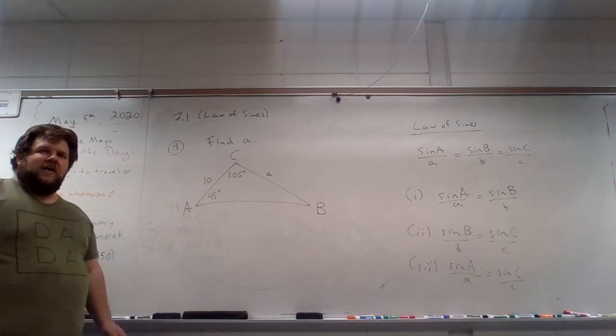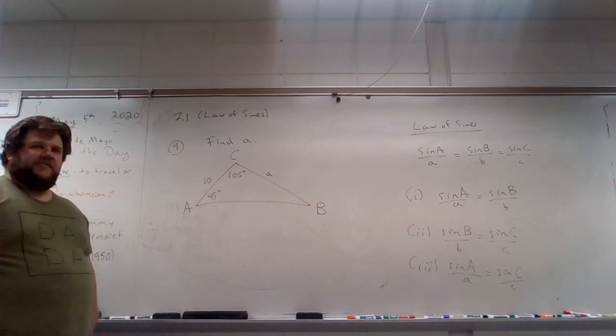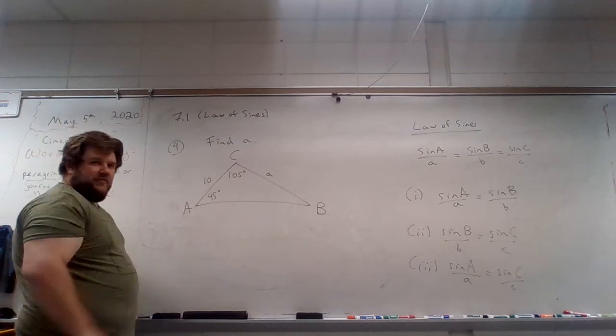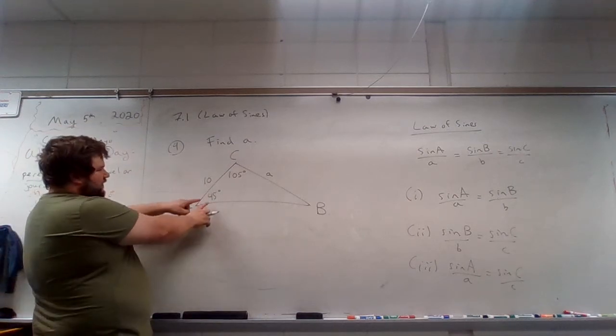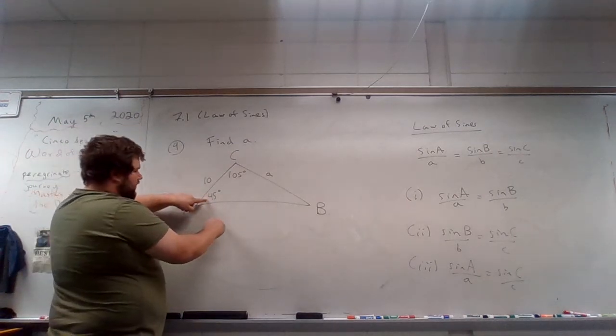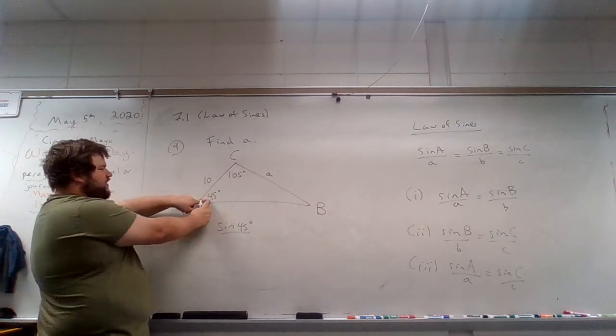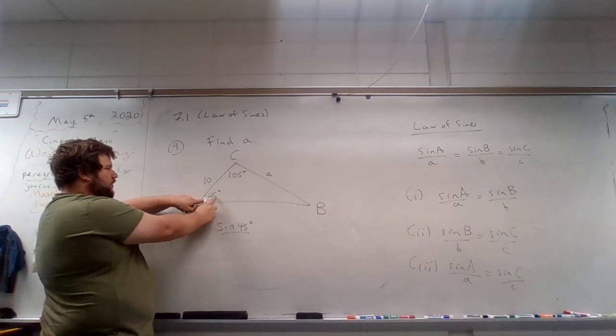How would I go about finding little a? Just by using this law of sines. Without overcomplicating the picture, if I look at the sine of this angle, say 45, what's the side opposite this angle? That would be a.